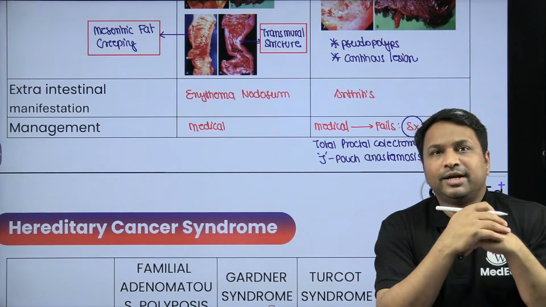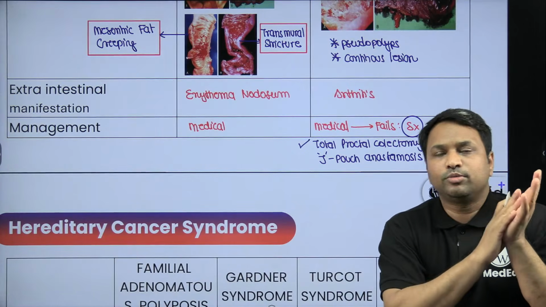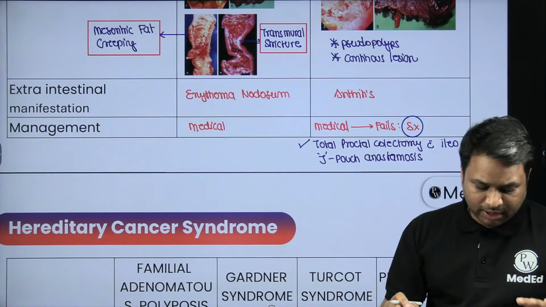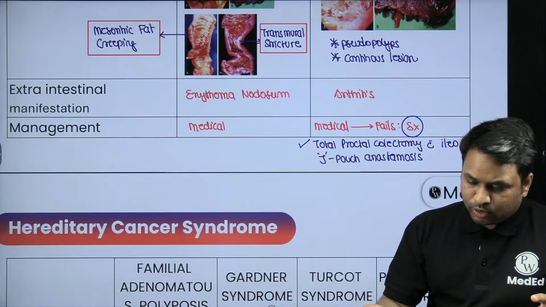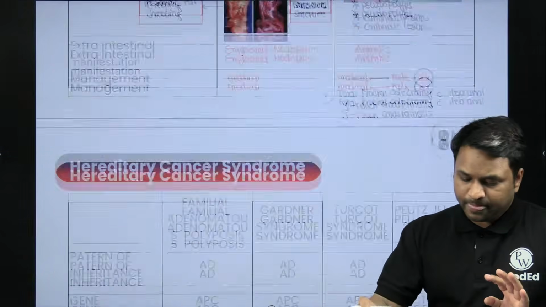So total proctocolectomy with ileoanal J pouch anastomosis. It's a total proctocolectomy with ileoanal J pouch anastomosis, right? So this is what we are going to do in terms of both Crohn's as well as ulcerative colitis, right?